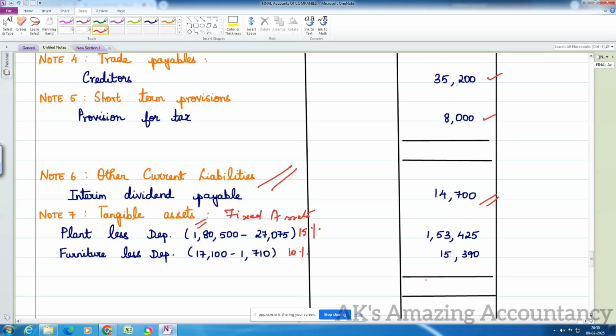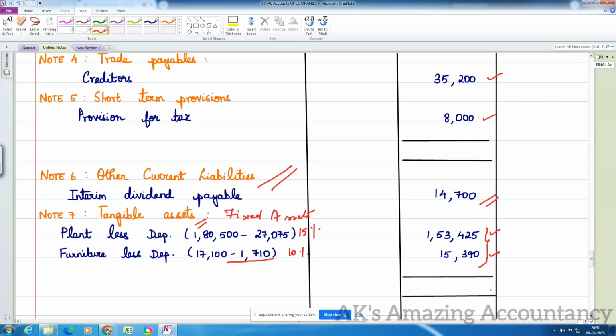So after we deduct this, we will be getting the amount as 1,53,425 in case of plant, and 17,100 minus 1,710 will be getting 15,390 in case of furniture. So the total of these two will be the total of tangible assets.